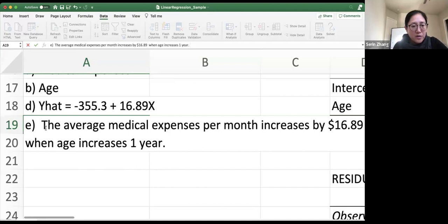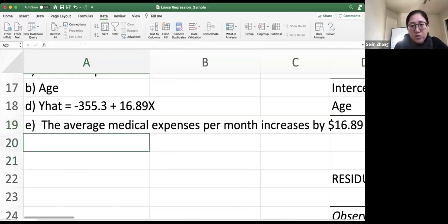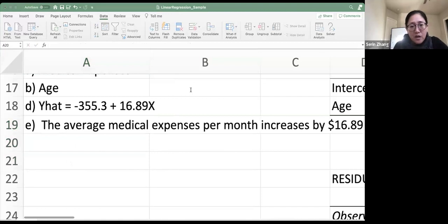So that's the interpretation of the slope in context. Okay, so that's the answer for part E.